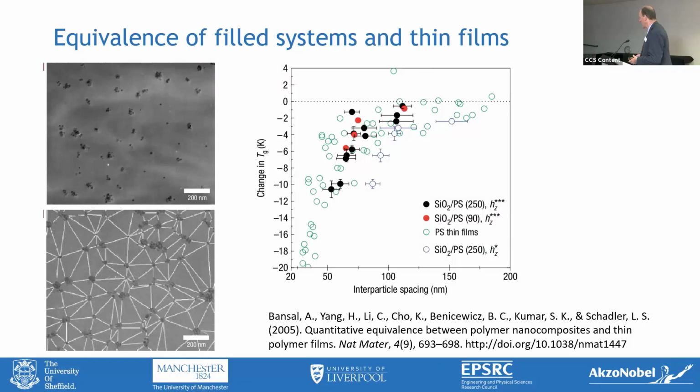And you can say that there's a rough correspondence between what you measure in a thin film and what you measure in a filled system. In that case, that's polystyrene on silicon oxide, where as the interparticle spacing becomes smaller, the TG is reduced. But again, I just want to point out the length scales. It's important to get this length scale in your head. You're talking about tens of nanometers. So on this basis, if you think, what is the interphase?